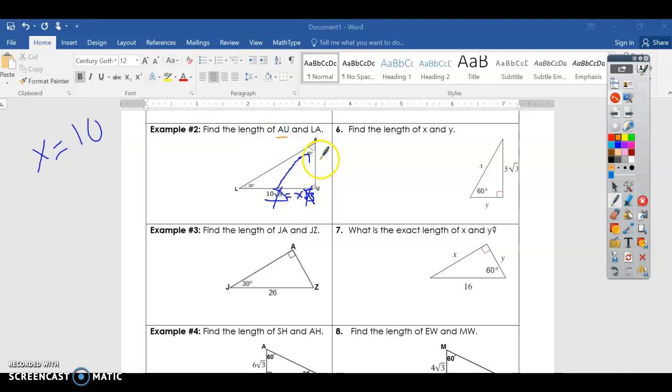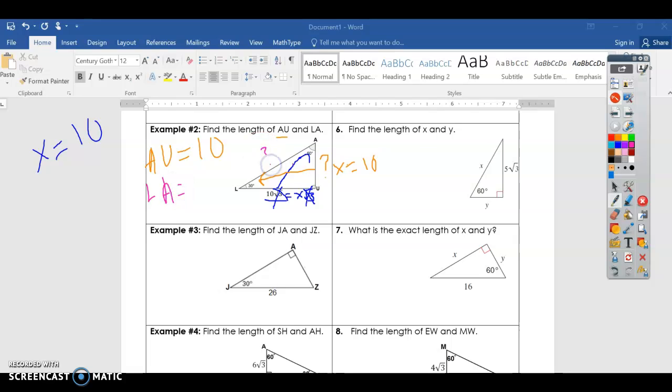Okay, it asks me to find AU. Here's AU, so let's put a question mark there. AU is across from the 30-degree angle, and we know that side is also equal to x. Since x is 10, that means AU is 10. LA, here's LA.